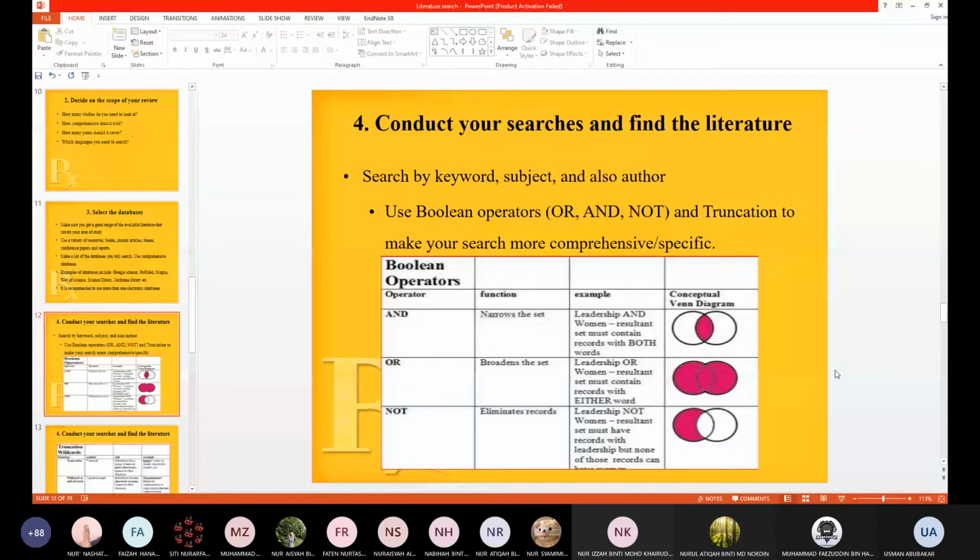So, for example, another example is, suppose you want to conduct a literature review on aspirin-induced GI bleeding. Your keywords are going to include aspirin as a name, but aspirin is also called acetyl salicylic acid, right? So you may need to combine these two keywords, the synonym of this word, the two words together in your search.